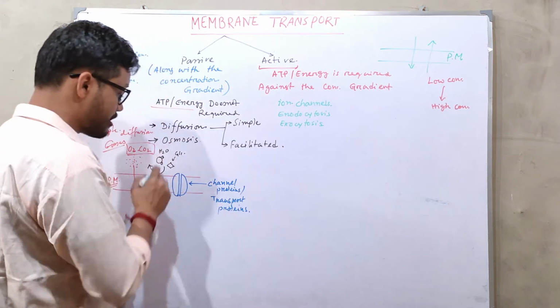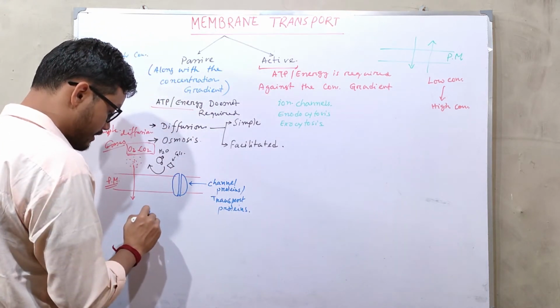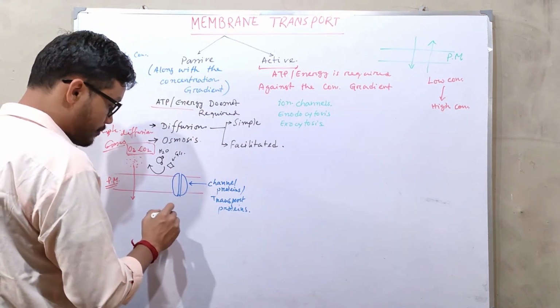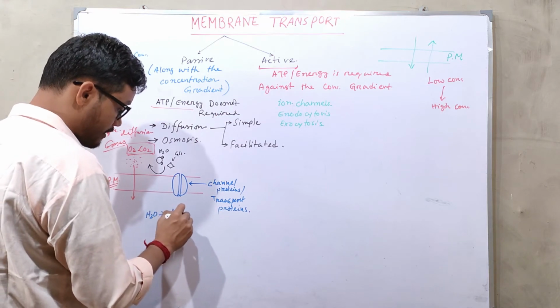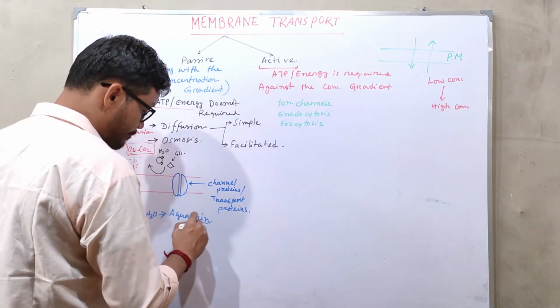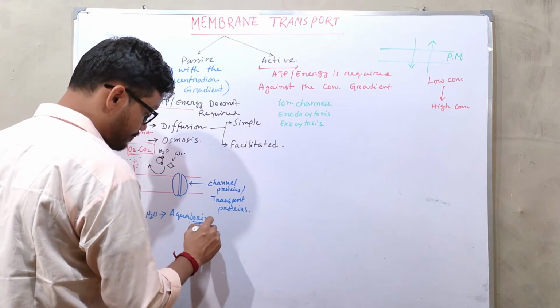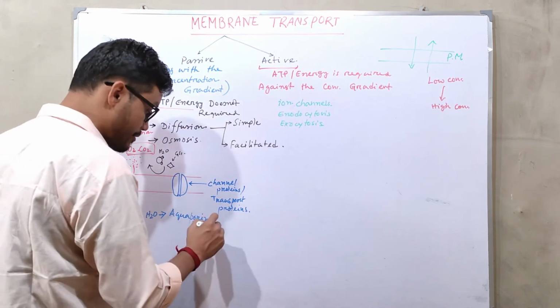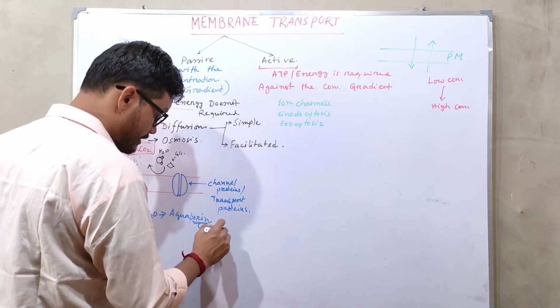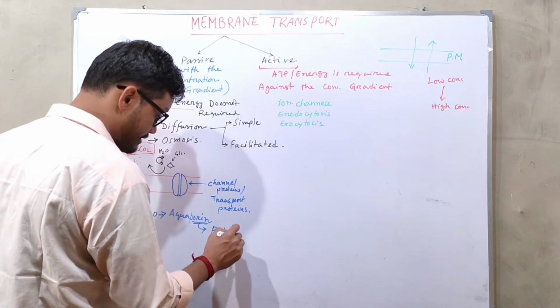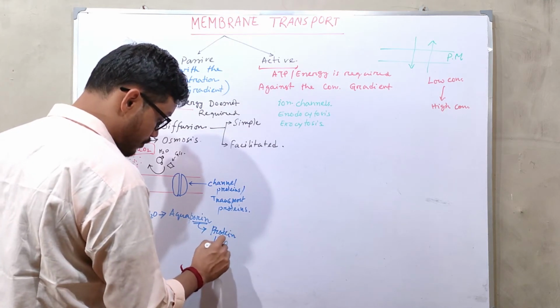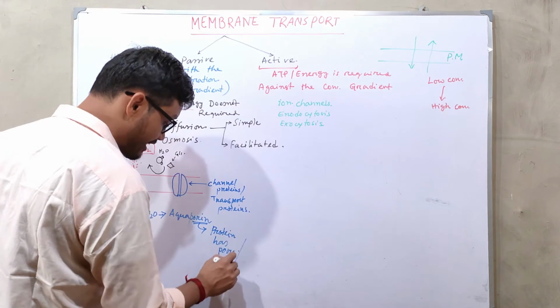In the case of H2O, the channel protein is known as aquaporin. Porin means a protein that has a pore, that is, a pore creating protein.